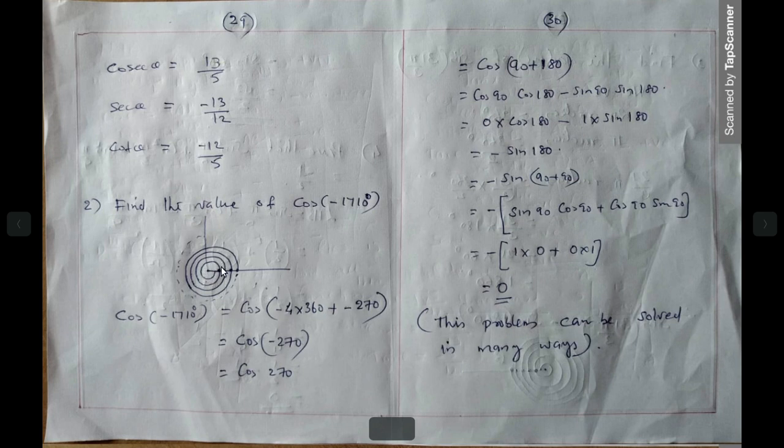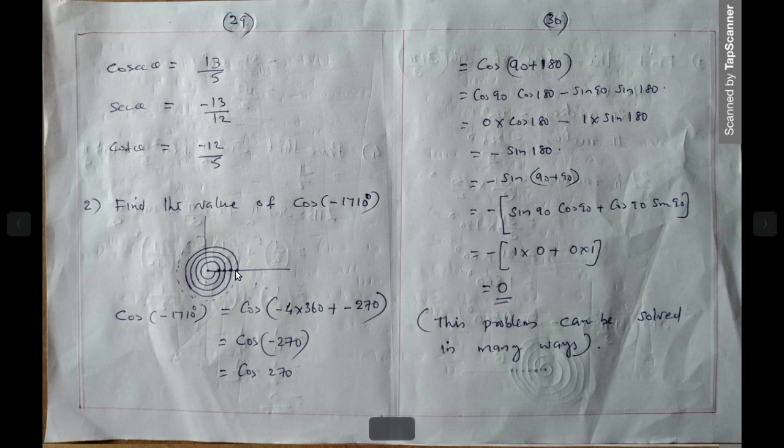This is one complete rotation, that is 360 degree. One more rotation, then you will reach here, 360 plus 360, that is 720. Again rotating, you will reach here. Again rotating, you will reach here. So there are 4 points here, which shows 4 into 360. Since the angle is negative, minus 4 into 360.